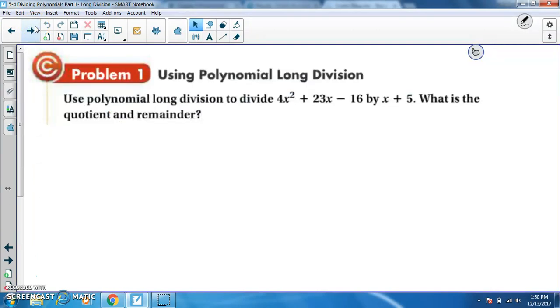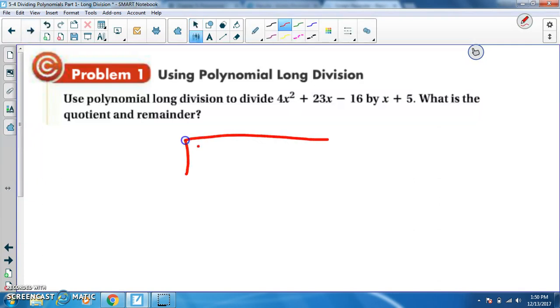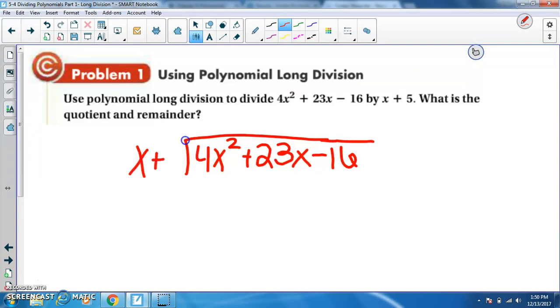So, using polynomial long division, we want to divide 4x squared plus 23x minus 16 by x plus 5. So, we are going to make our bracket. And here we're going to be focused on x.